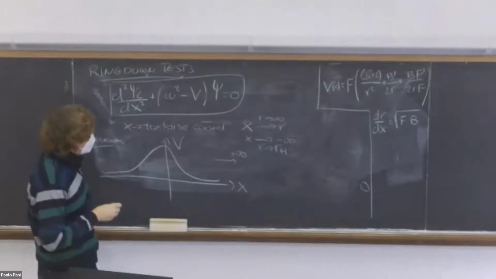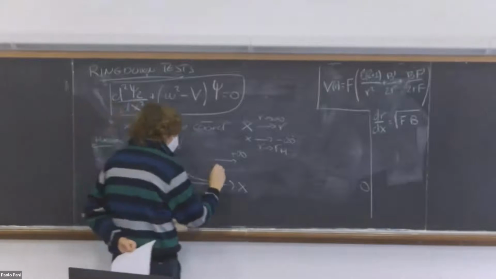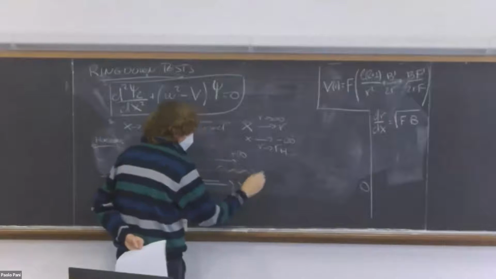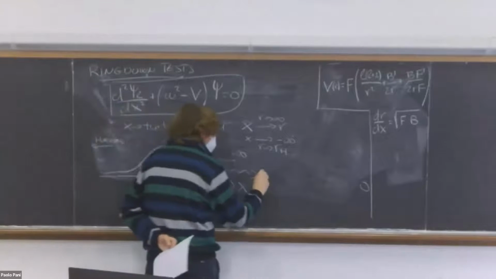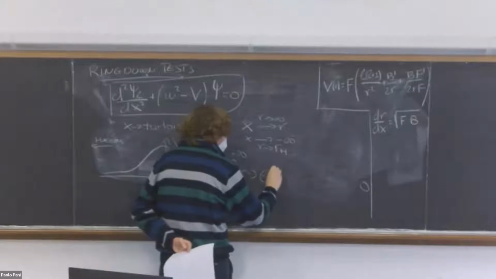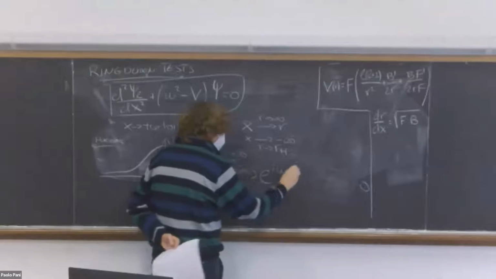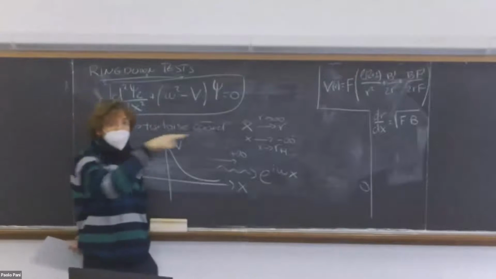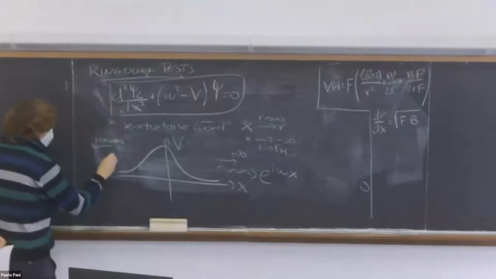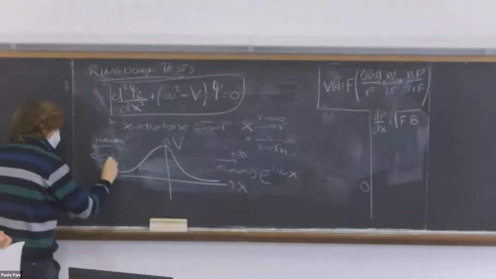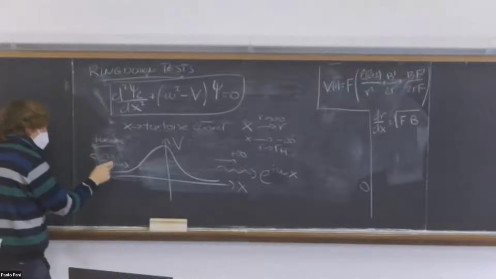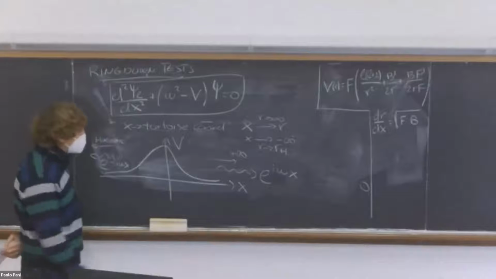And in particular, for these boundary conditions, we have purely outgoing waves at infinity, so waves which behave as e to the i omega x, so that they move to the right, and waves which are purely ingoing at the horizon, so they behave as e to the minus i omega x.